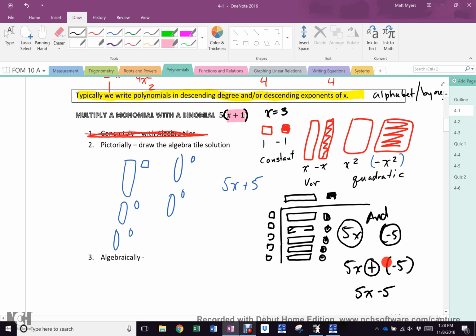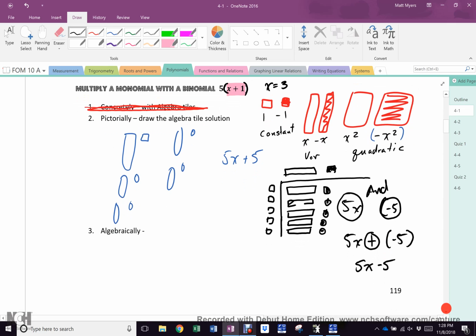Is everybody good? Okay. Now that leads us to the next thing. Again, something you already know. Algebraically means we're using numbers. We are not going to use a picture. And what that means is simply this. If there was no plus 1 there, what does this mean? What does that mean in math? 5 times x.